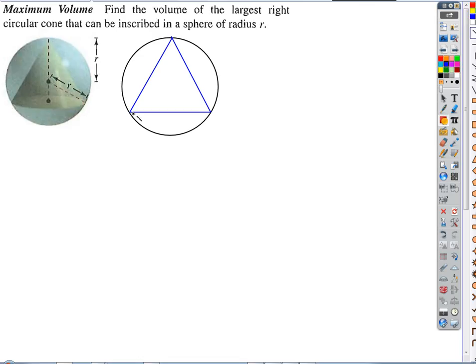4/3 pi over, it's going to be, now here's a way you can think about this. It's going to be a fraction of the volume of a right circular cylinder, right? Because if you started with a right circular cylinder and you were to carve out the cone, the biggest cone would have the same height, right?